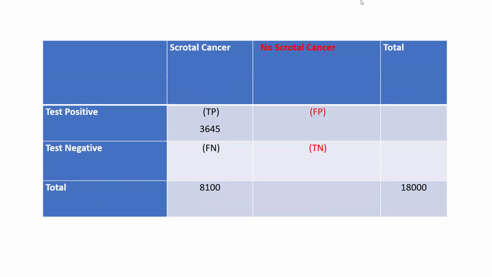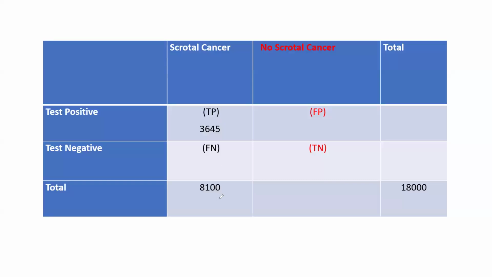So in your table, you would now have information to input. Firstly, you would have gotten from the question the total number of true positives, and the table indicates that the true positive number is 3,645.